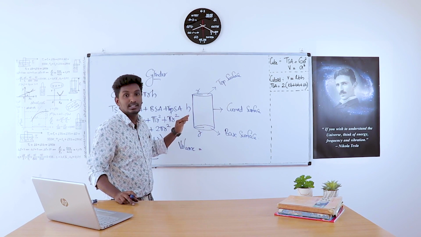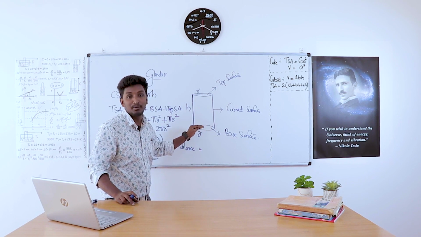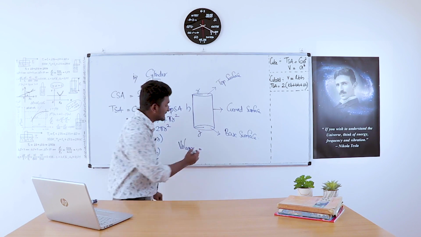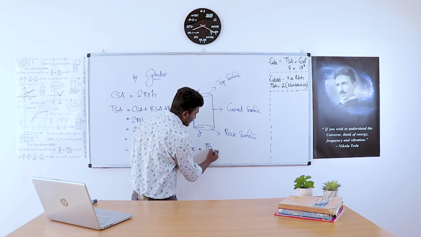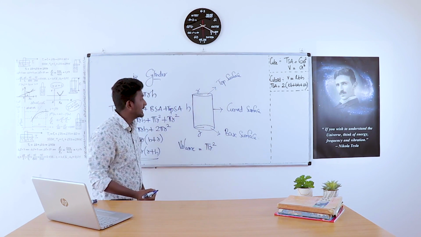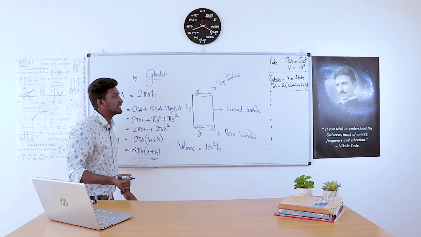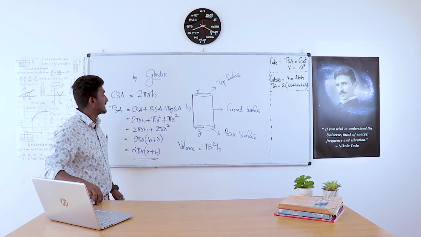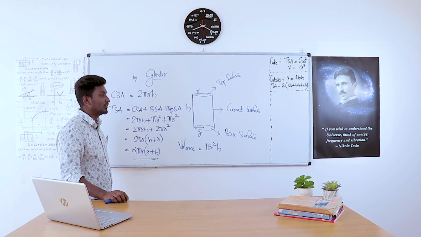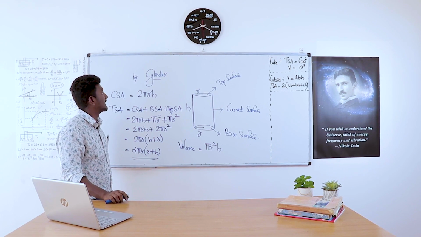Here, in the cylinder, base is in the shape of a circle, so base area is pi r square. Base area is pi r square into height. What is height? It is h. So the volume of a cylinder is pi r square h.